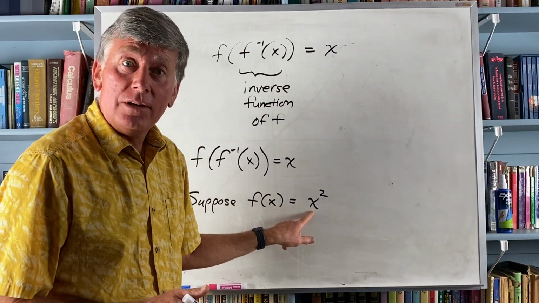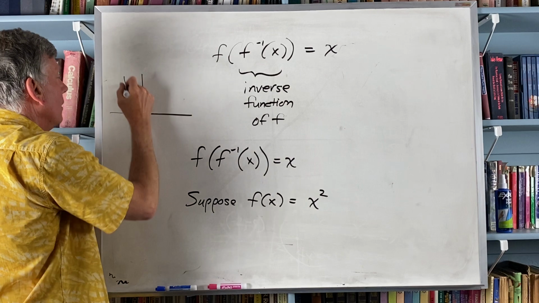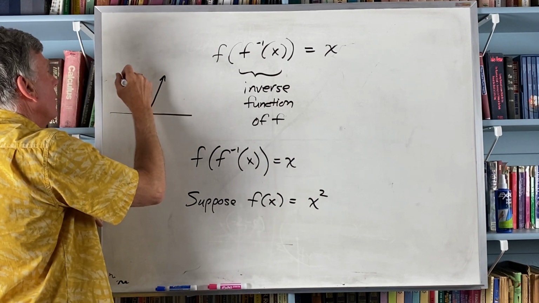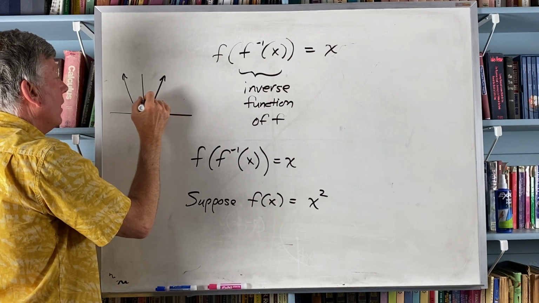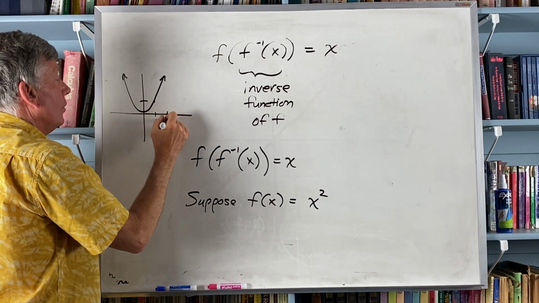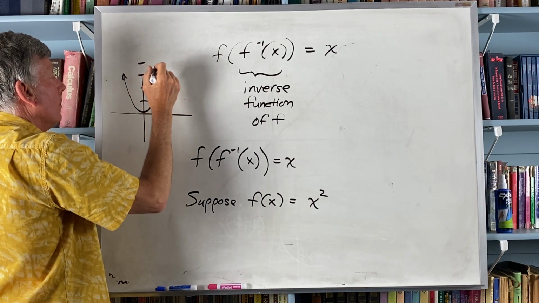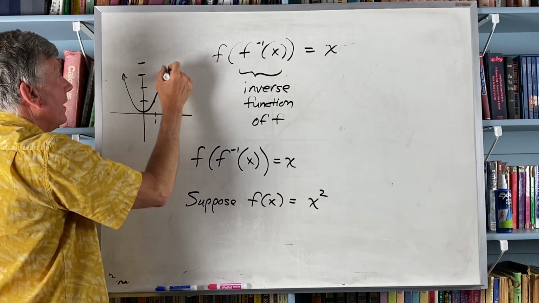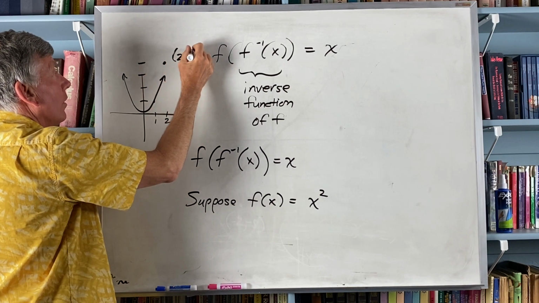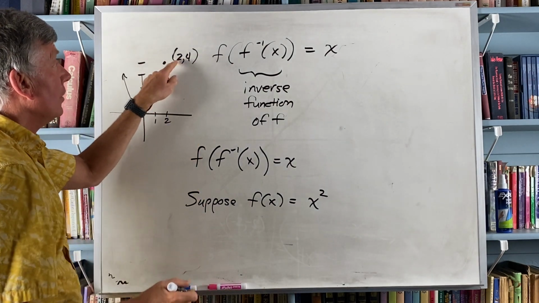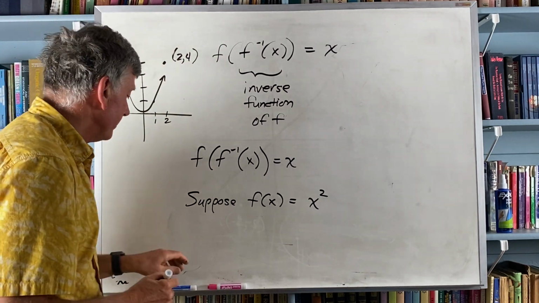The parabola x squared looks like this. It goes on and on. When x is 1, y is 1, and 2 goes up to 4. I didn't draw that very well, but anyway, when x is 2, 2 squared is 4. This is the function we're talking about.